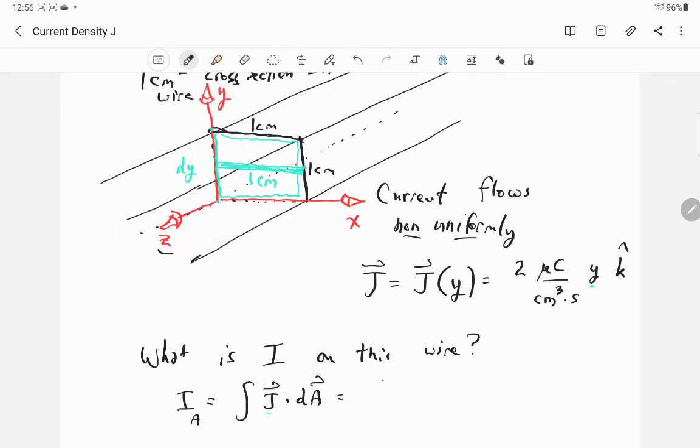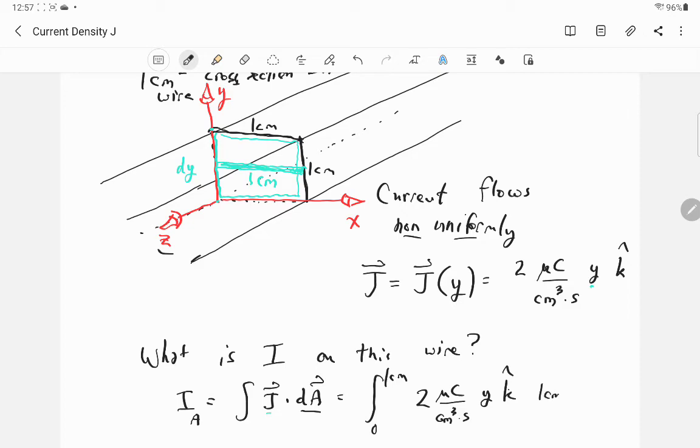So it's going to be the integral as y takes the values from 0 up to 1 centimeter of j, which is 2 microcoulombs per centimeter cubed times the second, y, k hat. That's all the information about j. And then I'm going to dot with a small area vector, but the small area is dy tall by 1 centimeter wide.